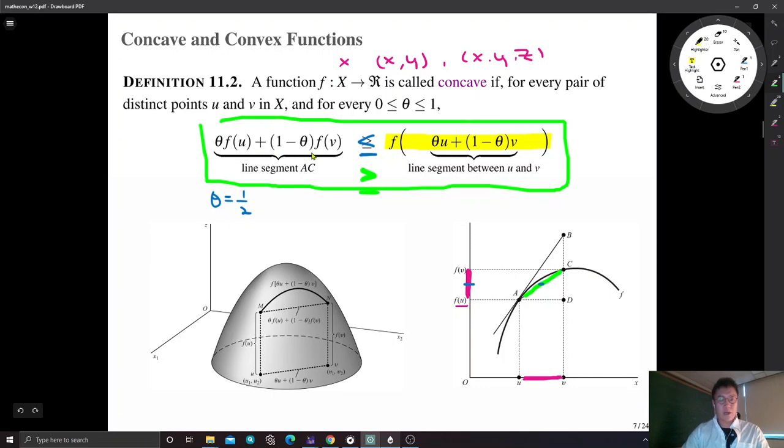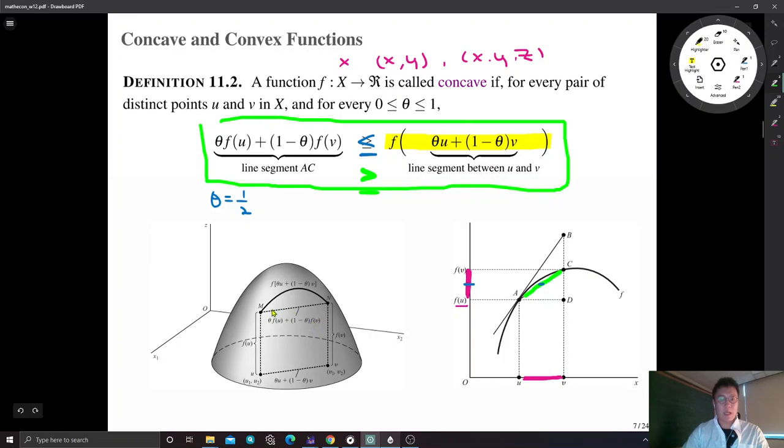The quantity on the left hand side will indicate this dotted line connecting M and N, because f of u will be the height of this point M in this three-dimensional space, and f of v the height of this point N. So the dotted line segment connecting M and N is captured by this linear combination.